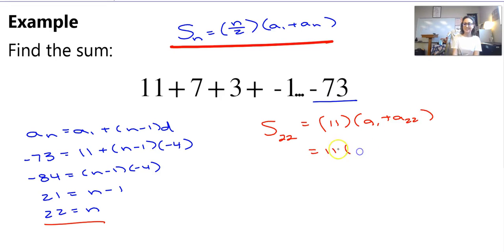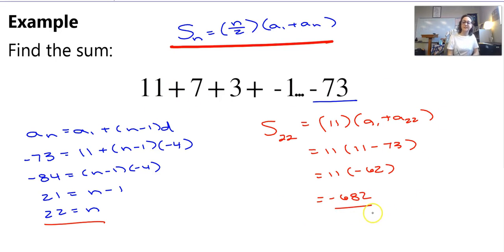So I've got 11 times the first term, happens to be 11 as well, that's coincidence, plus negative 73. So I'm just going to put minus 73 here. All right, so I've got 11 times a negative 62, and that is negative 682, okay? So when I add all these up, I get negative 682.